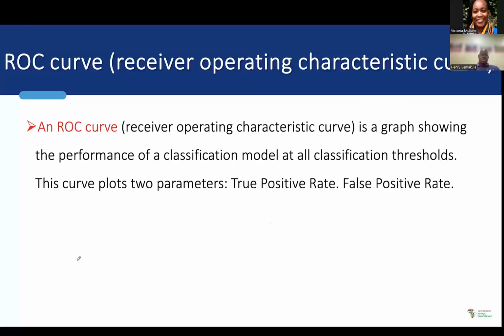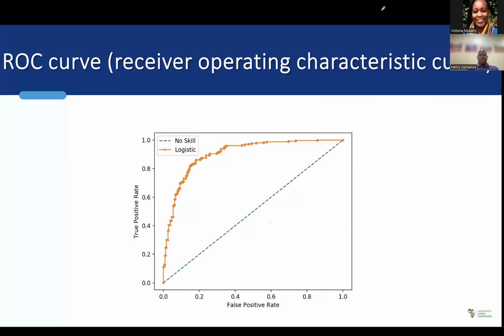Then let's cross to the side of the curves. We have what we call the receiver operating characteristic curve. It's always a graphical representation of the true positive rate and the false positive rate. Whenever you have an imbalanced class, you need to check out these metrics, that is the Matthews correlation coefficient, and you need to do the plotting of this curve.